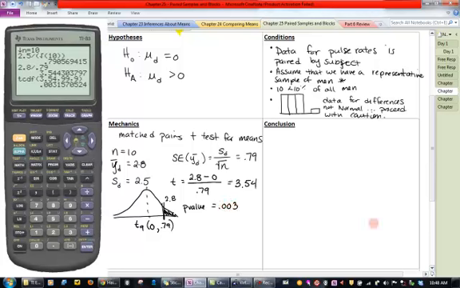Okay, so now it's time to draw our conclusions here. So we have a very low p-value. Okay, so due to a low p-value of 0.003, we reject the null hypothesis.